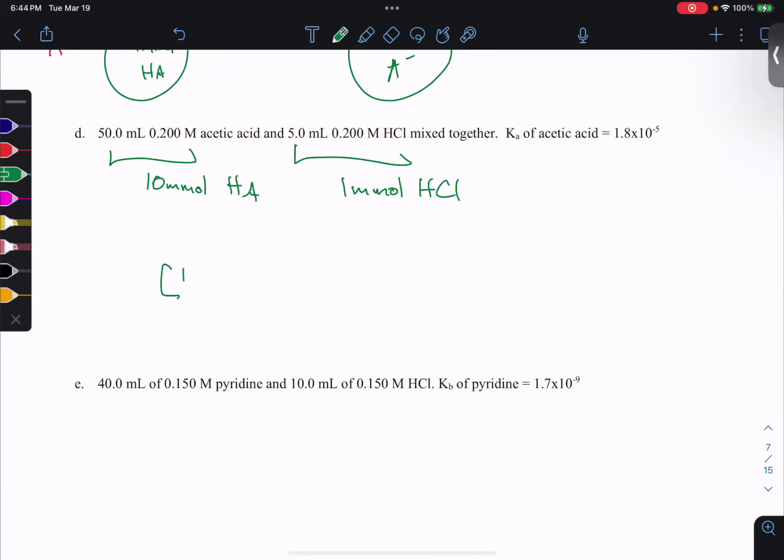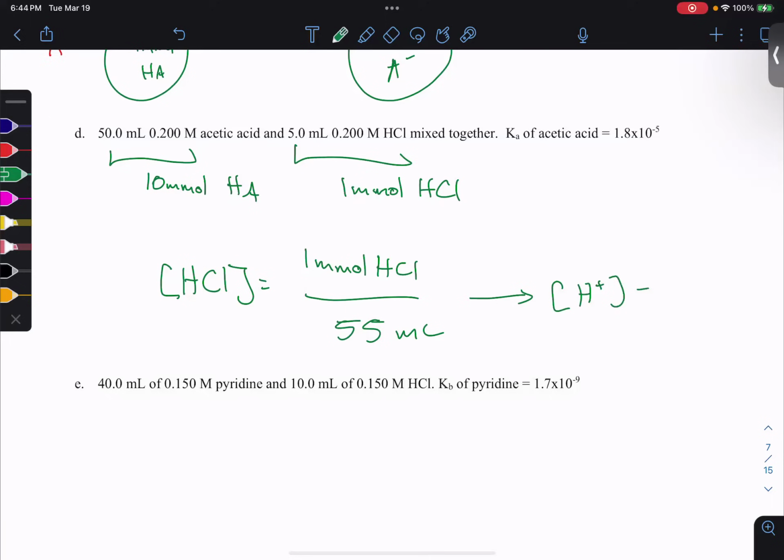If you figure out how much HCl is in this solution after mixing, that's how you get the pH. So it's 1 millimole of HCl over the total volume, 55 milliliters. Whatever that H+ concentration is, get your pH. So you're essentially going to ignore that weak acid. Okay, keep going.